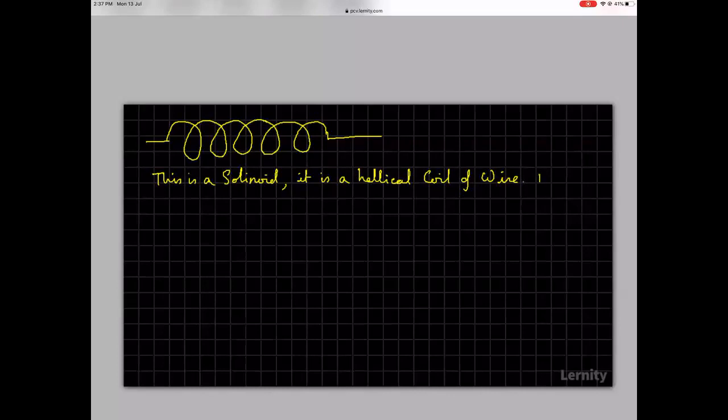Now, if a current is passed through it, it becomes a very strong magnet.